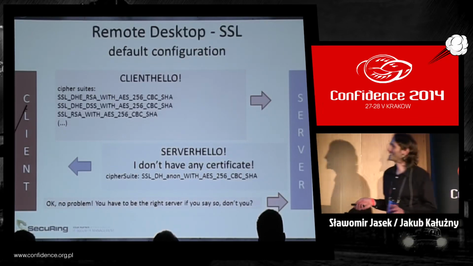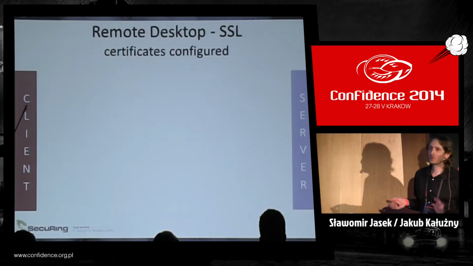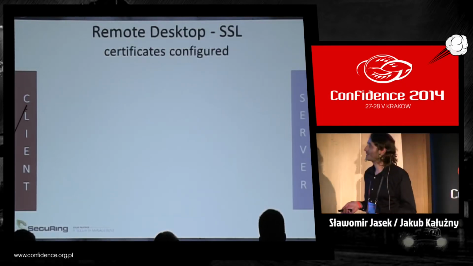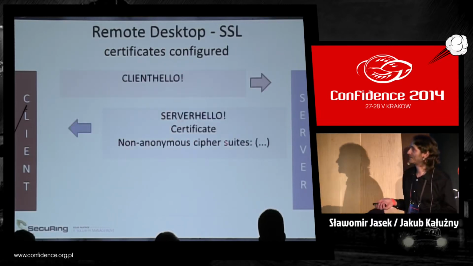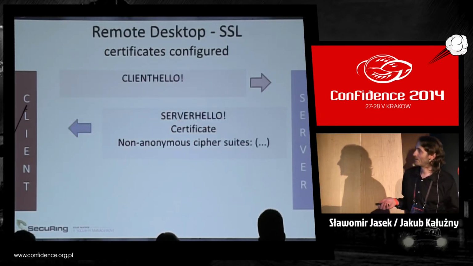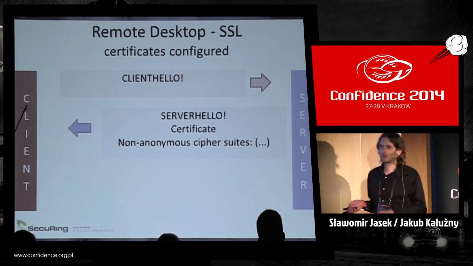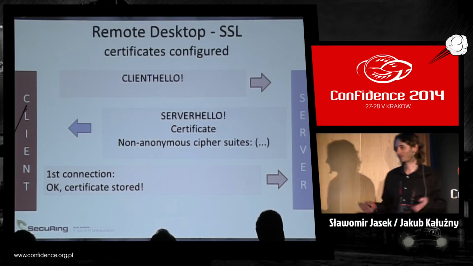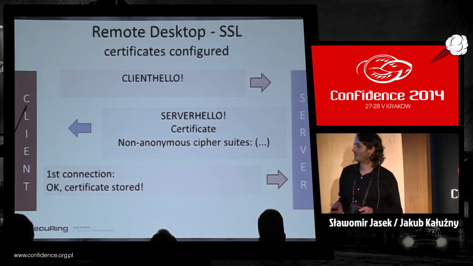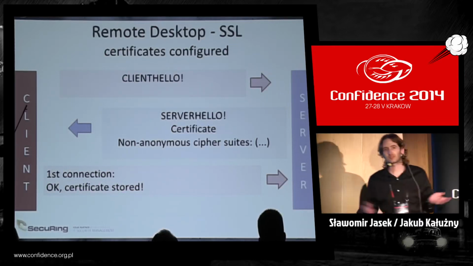But let's assume that somebody properly configured the certificates and the server sends the certificate and also proper cipher suites. So the client, on the first connection, pops up a window and asks the end user if the certificate is okay.